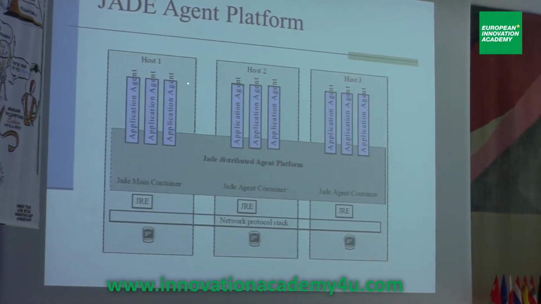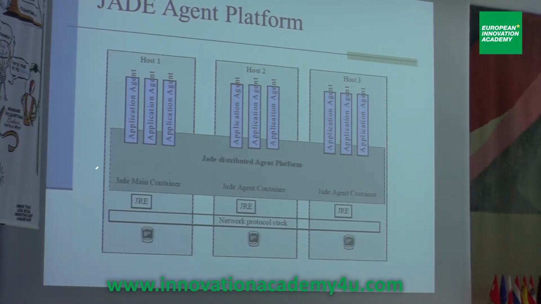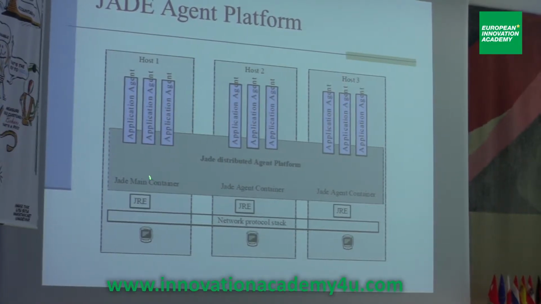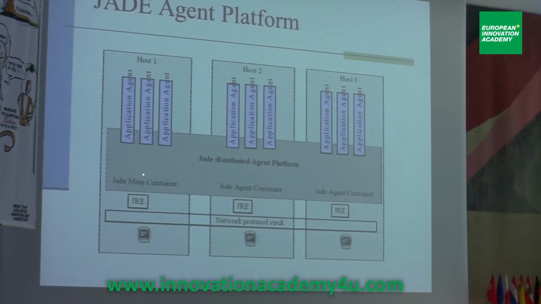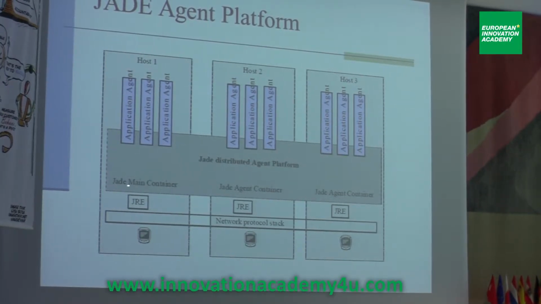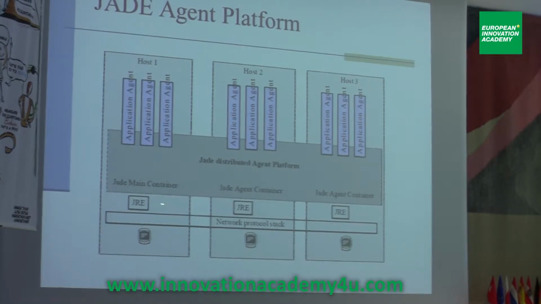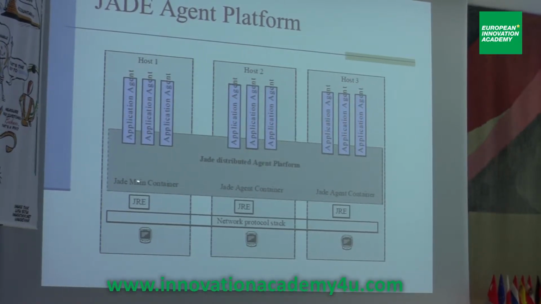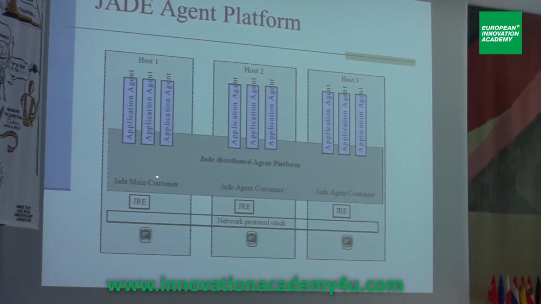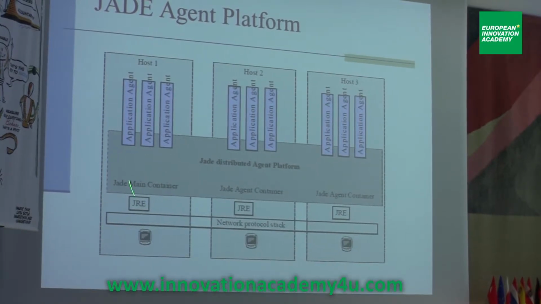In other words, here host 1 has the Jade main container running, and this is where the system is managed from. Here is where the yellow pages reside, and also where you can start new agents and stop agents from the user interface.